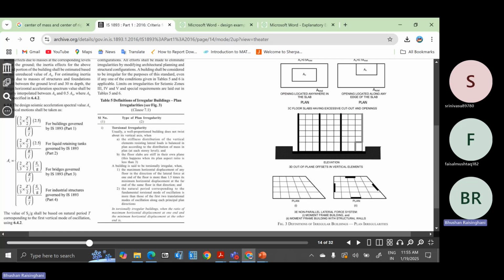Okay, so these are very defining principles mentioned in the IS code, but they have large-scale application as we have to follow them in all buildings.